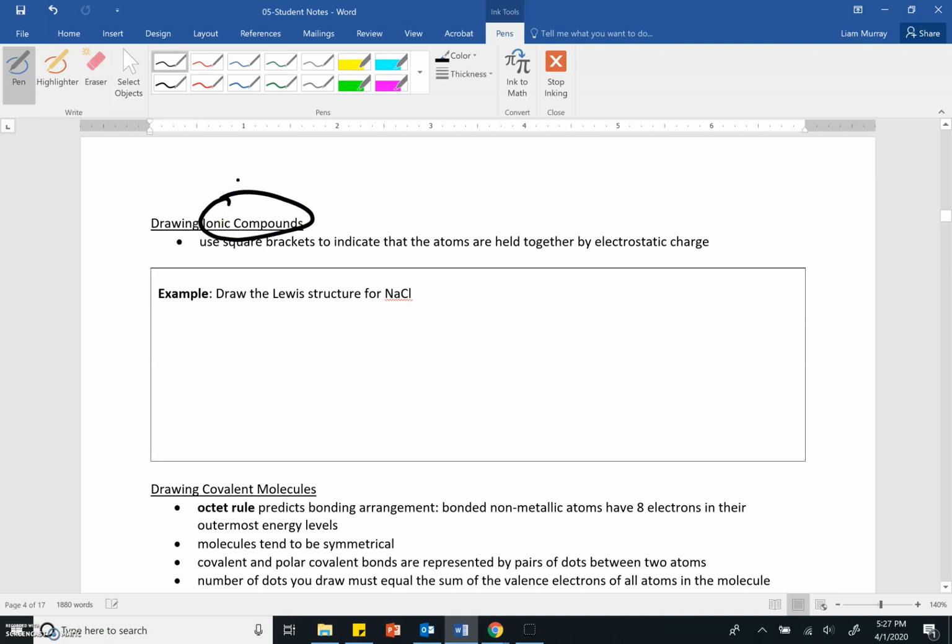We know that with ionic compounds, there is a transfer of electrons, and when there's a transfer of electrons, we put square brackets around, showing a charge up in the top right hand corner. So let's start this off with sodium and chlorine, with sodium having 1 valence electron, chlorine having 7, as it's in our halogens.